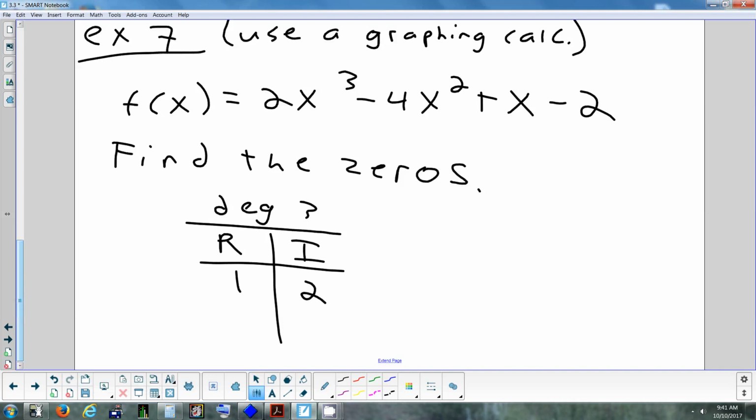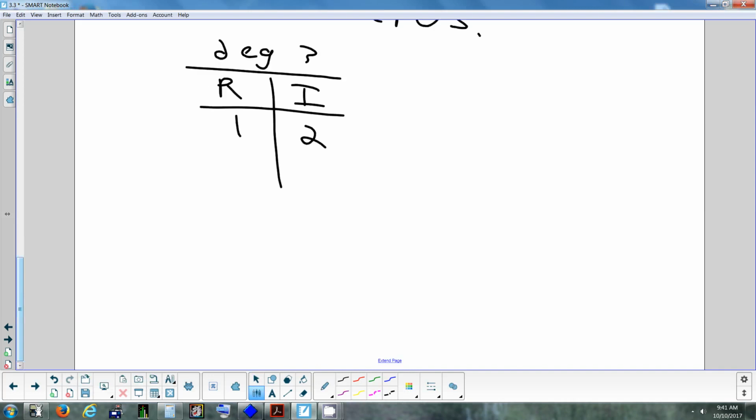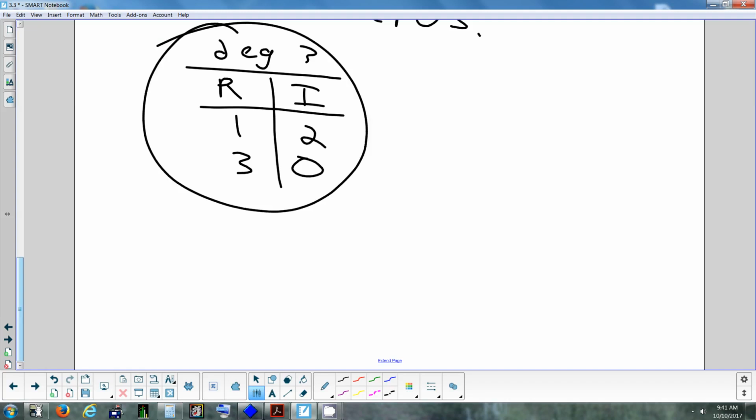So with a degree 3, you could have 0 imaginary. Actually, you could. Yeah, you could have that. But you could never have 1 imaginary. That's impossible. And you could never have 3 imaginary. That's impossible. So it always has to be one of these situations.